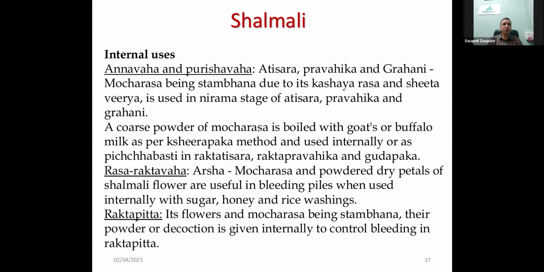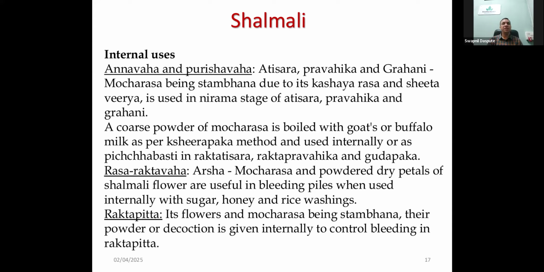A coarse powder of Mocharasa is boiled with goat's or buffalo milk as per Kshirapaka method and used internally or as Pichabasti in Raktatisara, Rakta Pravahika and Gudapaka. So, in Raktaja conditions of Atisara, Pravahika or Gudapaka. Gudapaka is basically an abscess or boils in the anal region. So there Pichabasti can be used.